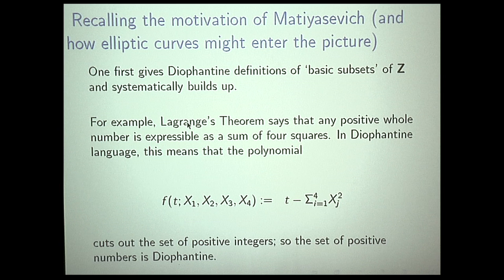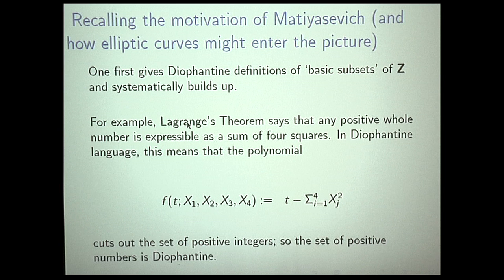And the way you build it up, if you haven't done it yourself, you can begin today. You could start by noting, and most people do, that the set of positive numbers is Diophantine, thanks, for example, to Lagrange's theorem that says that any positive whole number is expressible as the sum of 4 squares.